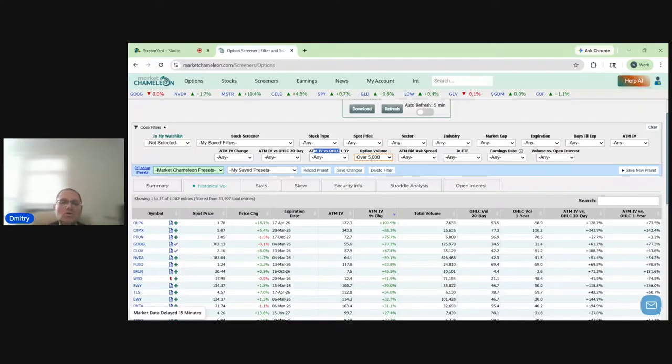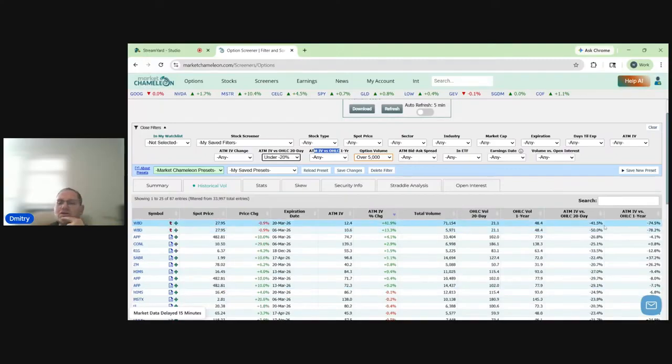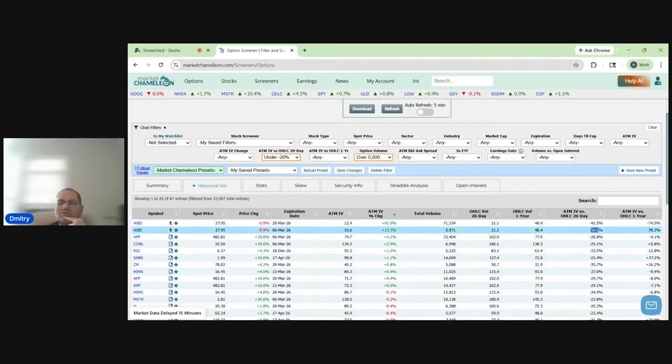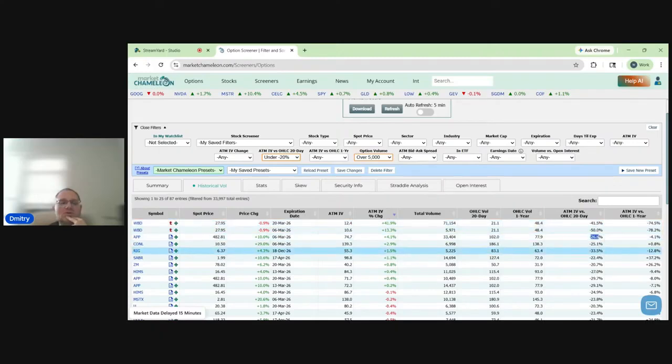It's below. So we could go overvalued or undervalued. We divided it up this way, and let's say below 20%. So click on that. So now you see here where based on the 20-day volatility, the implied vol is below that. Here it's 41% below, 50% below, 26% below.